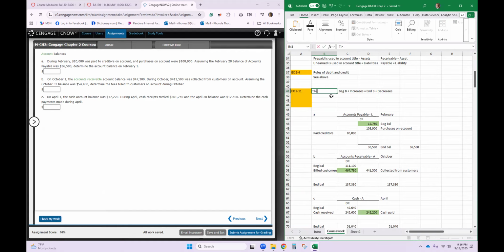Okay, this is the T account formula. There it is. So we're looking for beginning balance. We're going to put plus the increases. The increases were 108,900 equals 36,580 plus the decreases. Okay, so the decreases, 85,080.